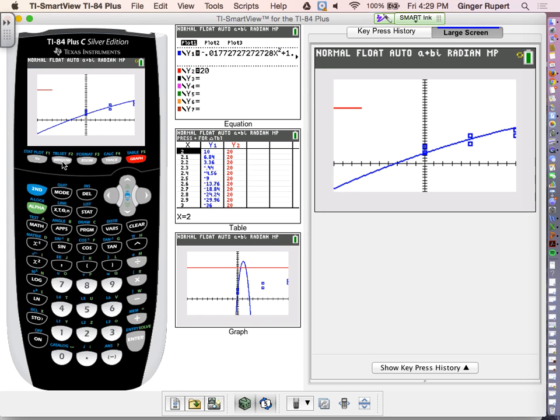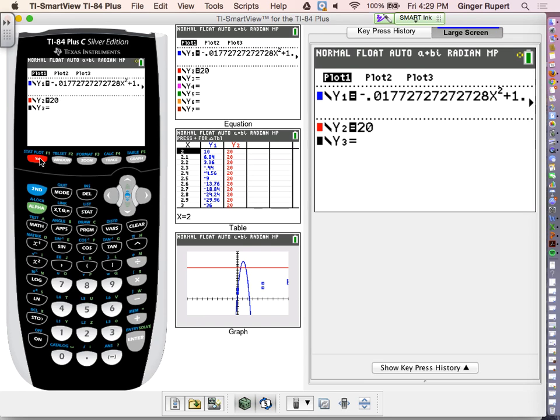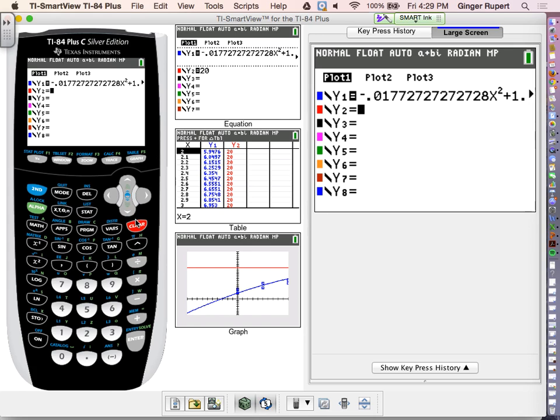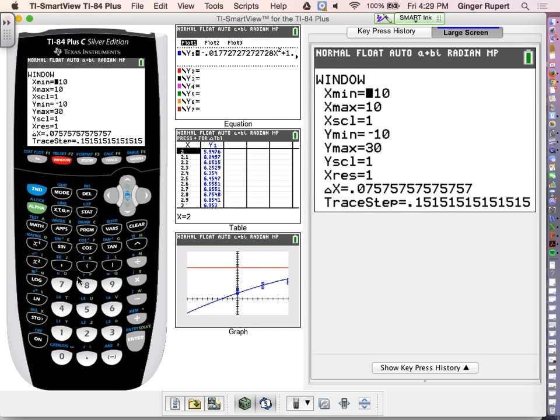Okay, I'm going to have to change my window as soon as it's done. I'm going to go in and take out what's in my Y2, and I'm going to change my window so that I'm looking at the domain as 0 to 50, because that's the amount of fertilizer used.